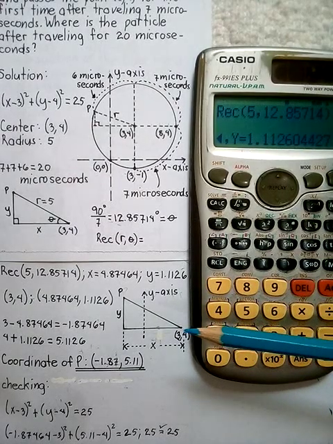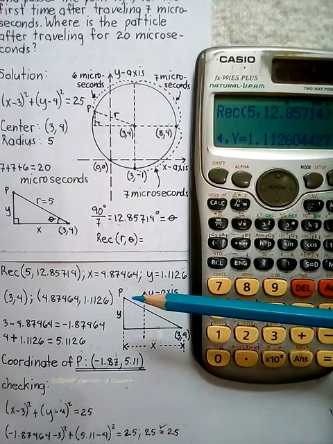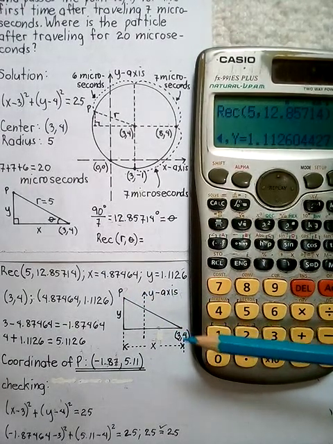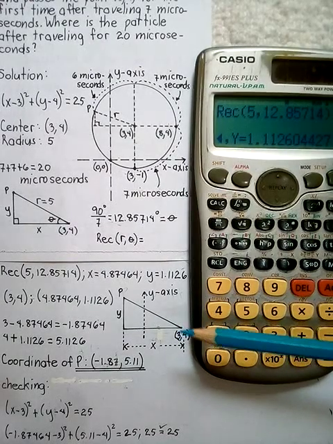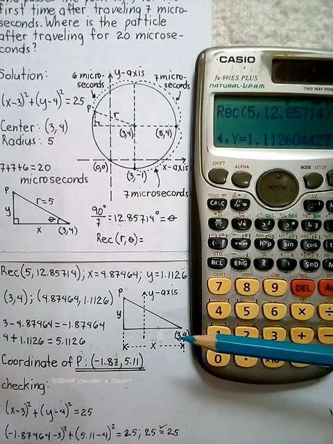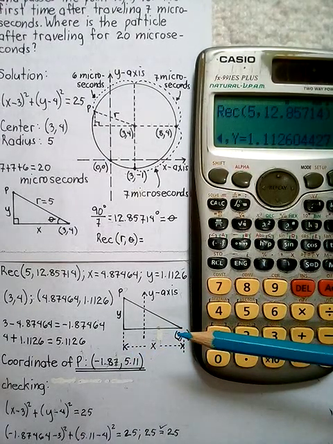To get the coordinate of point P, the x coordinate here is 3, so we should subtract the distance x from 3.